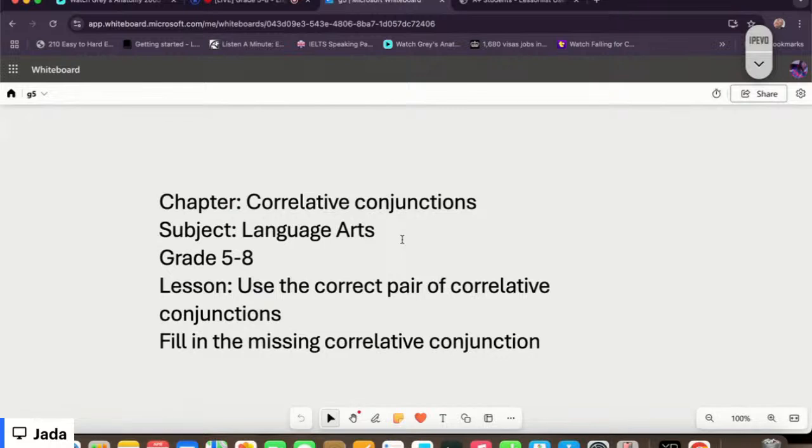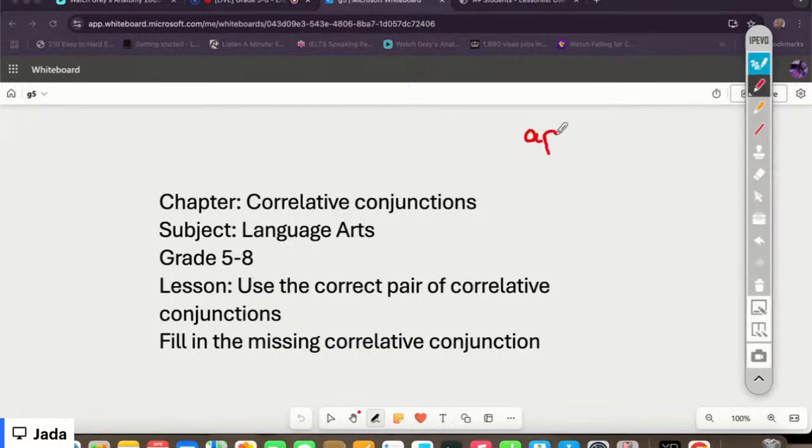Today, our chapter will be correlative conjunctions, and first you have to log in using aplusstudent.com.